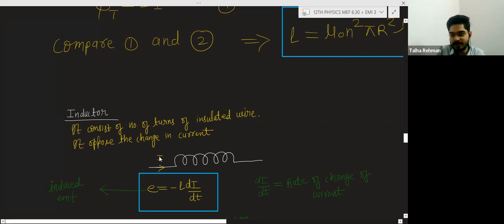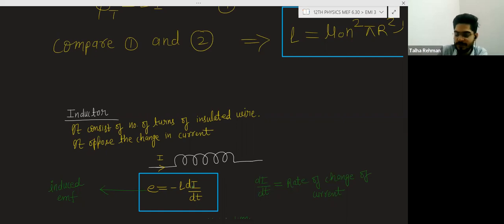If the current is decreasing in the inductor, then the current will be automatically induced in this inductor to support the current, or you can say in the same direction as the current. So this formula you should know. This is the EMF induced in the inductor: E is equal to minus L di by dt. What is L? L is the coefficient of self inductance.